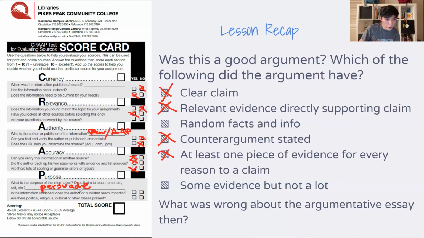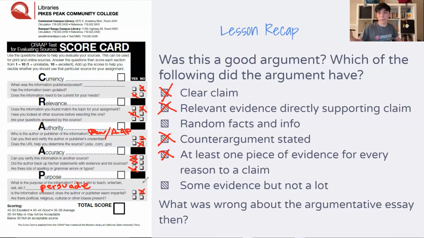Is the information unbiased? Does the author or publisher seem impartial? No, because they're claiming something. But just because in an argumentative text they're claiming something doesn't mean that their evidence is not going to be credible.